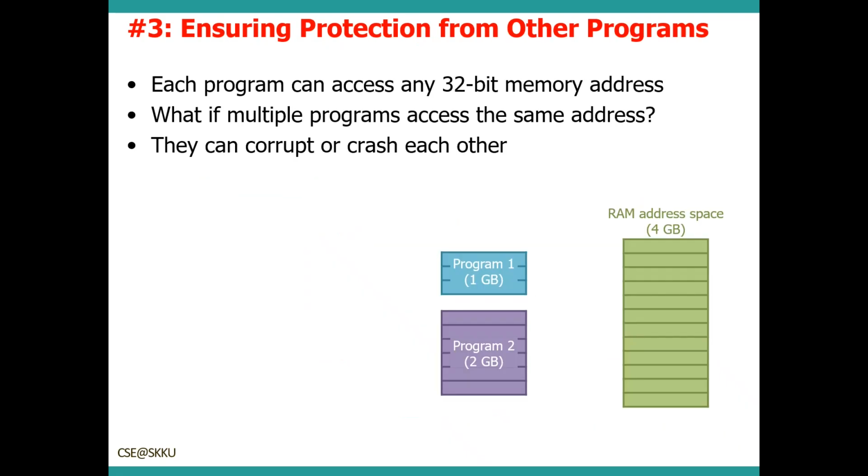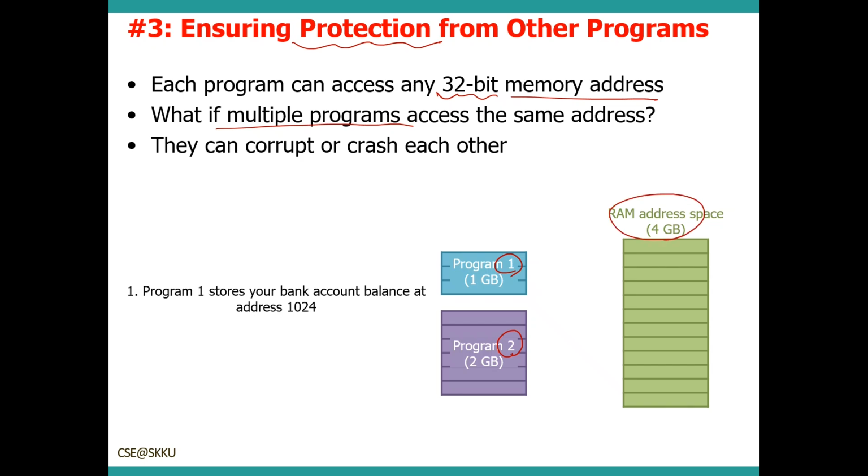Okay, next problem is protection between programs. Each program can access any 32-bit memory address. So what if multiple programs access the same address? In this example, we have program 1 and 2, and we have 4 GB memory. If program 1 stores your bank account balance, which is very important data, at the address 1024, then this memory value is saved here.